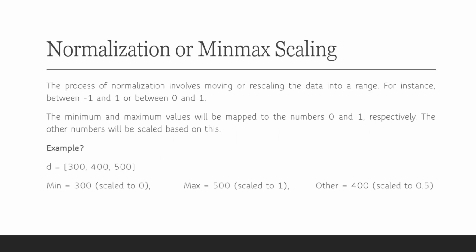You can see a data frame having values 300, 400, and 500. The minimum value in the data frame is 300 and the maximum is 500. So 300, which is the minimum value, will be scaled to 0 and the maximum value will be scaled to 1, and the other values will be in between them.